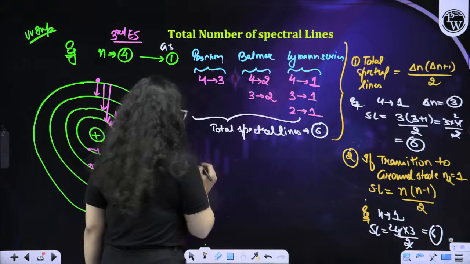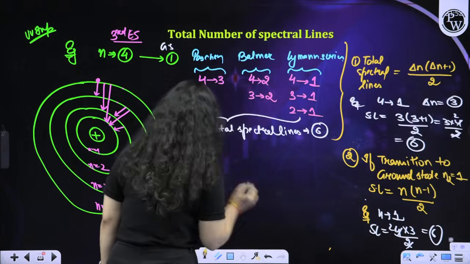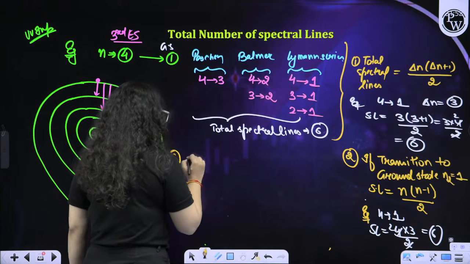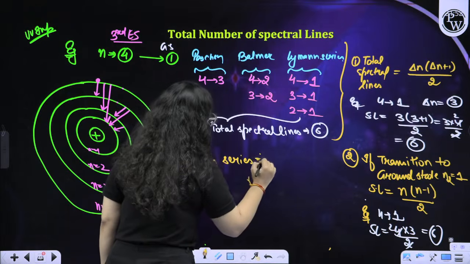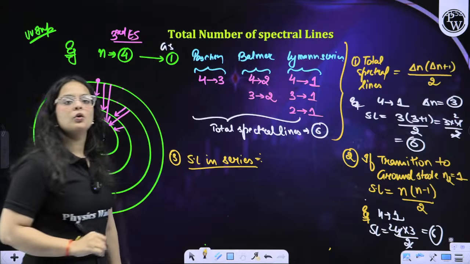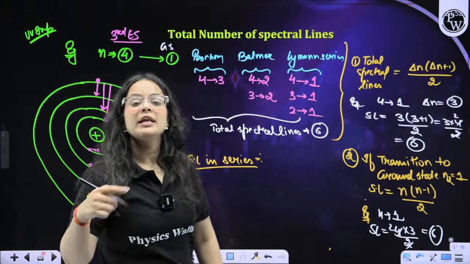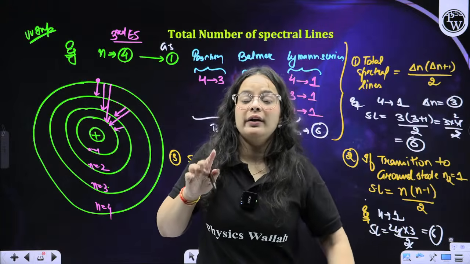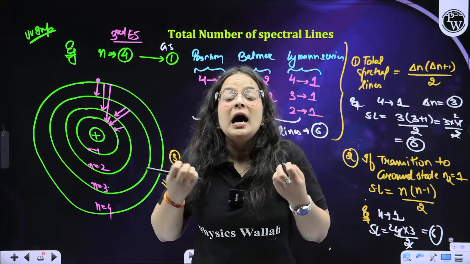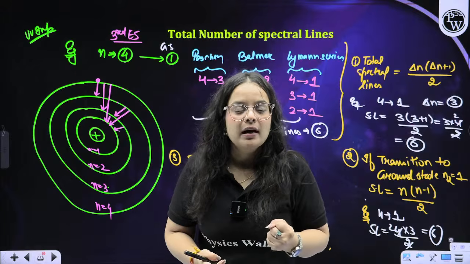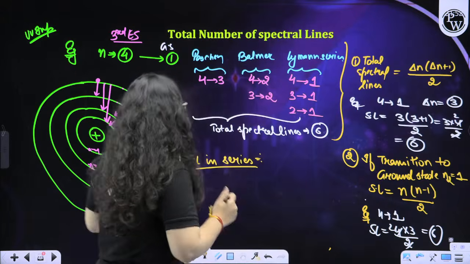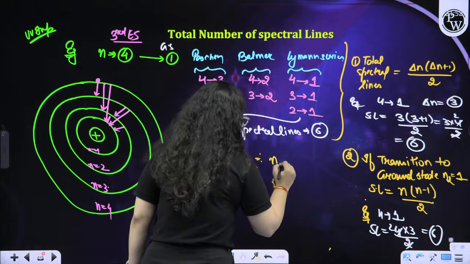Another, third formula that we use for spectral line calculation is for spectral lines in a series. That means in a particular series, in a particular region, how many spectral lines are there if the electron undergoes transition from the 4th to the 1st state, in the Lyman series, let's say. You just have to subtract n2 minus n1.